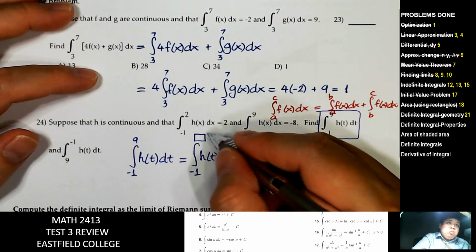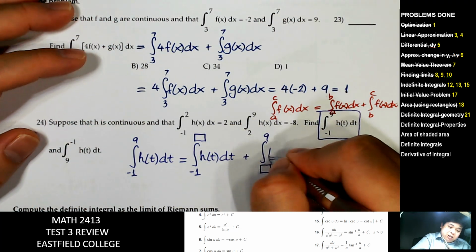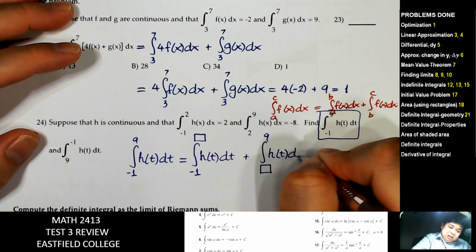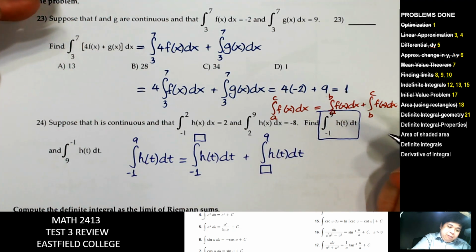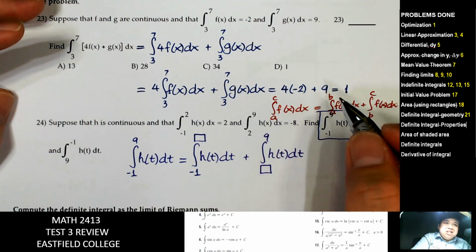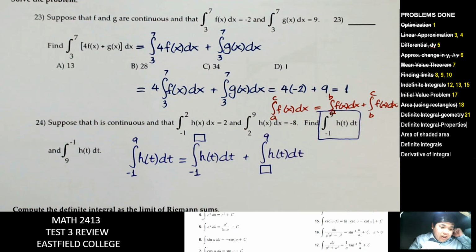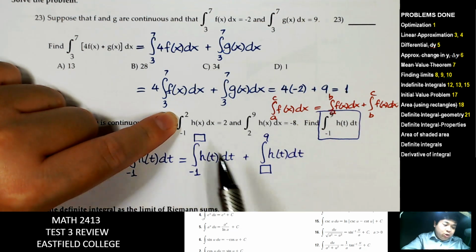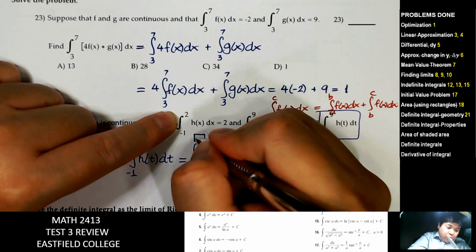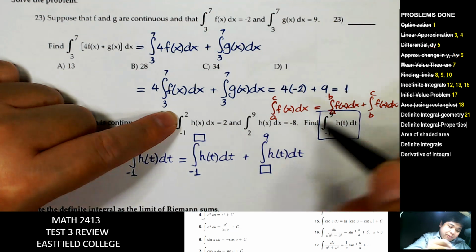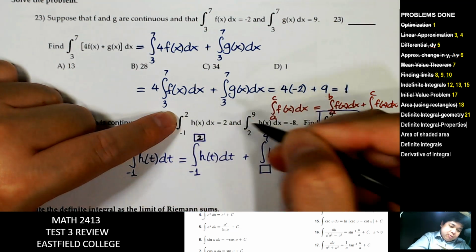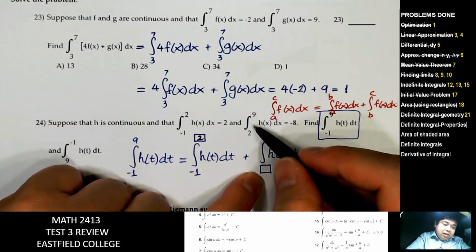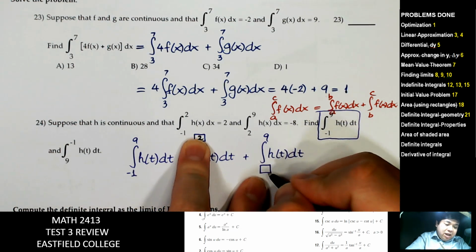We can pretty much put anything in the box, whether t or x doesn't matter. Now what we see here is this formula they give us from -1 to 2, so that's why we should put 2 in there, and then those numbers must be the same.